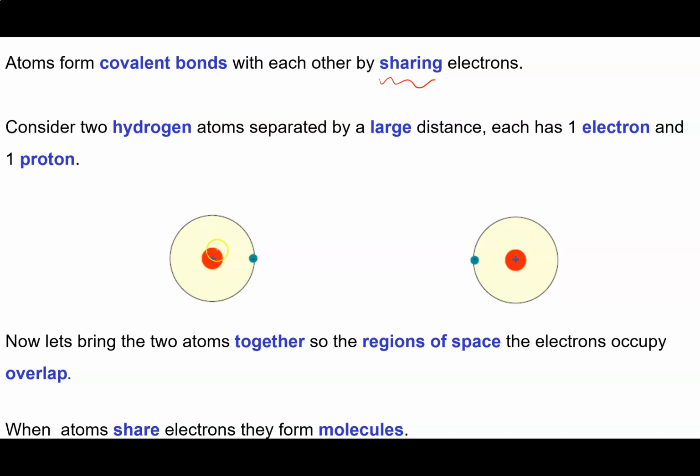They will each have one proton and one electron. Now, if those two hydrogen atoms come together and collide, and the region of space that single electron is in, a 1s orbital, then they're going to be able to share those electrons.